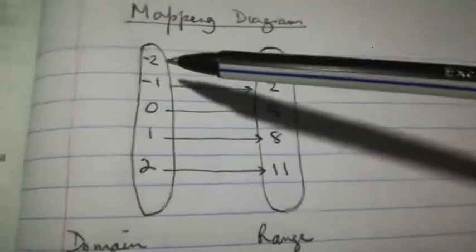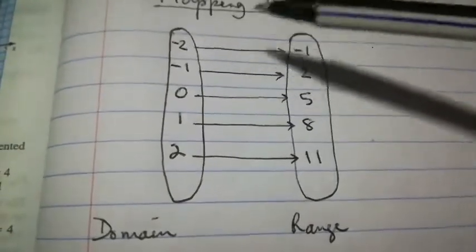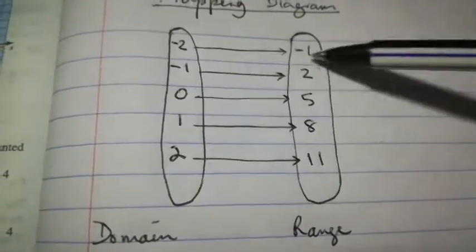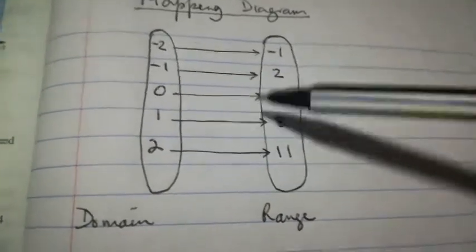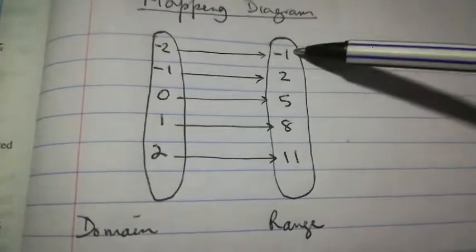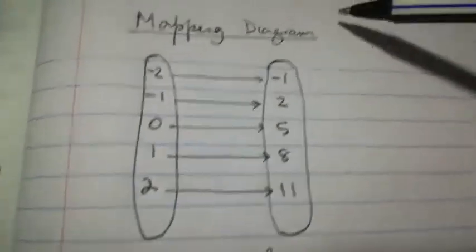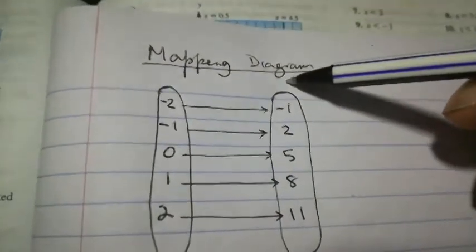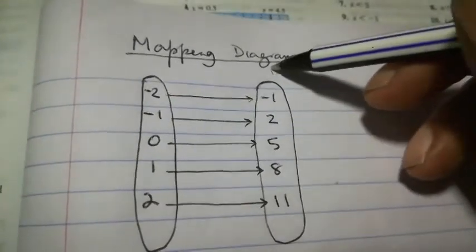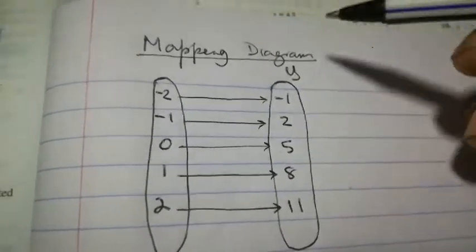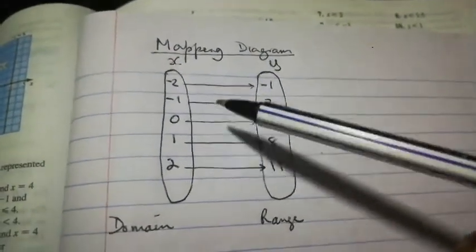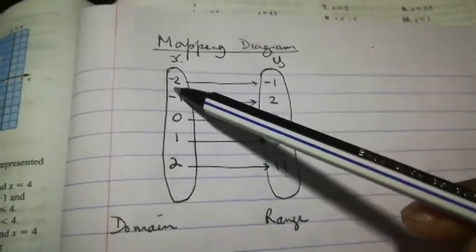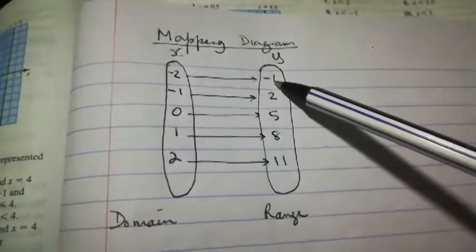For every element in the domain, there's a mapping through the function which creates a y value. This is the set of y values, and these are the set of x values. As we worked out before, when x is -2, y becomes -1.